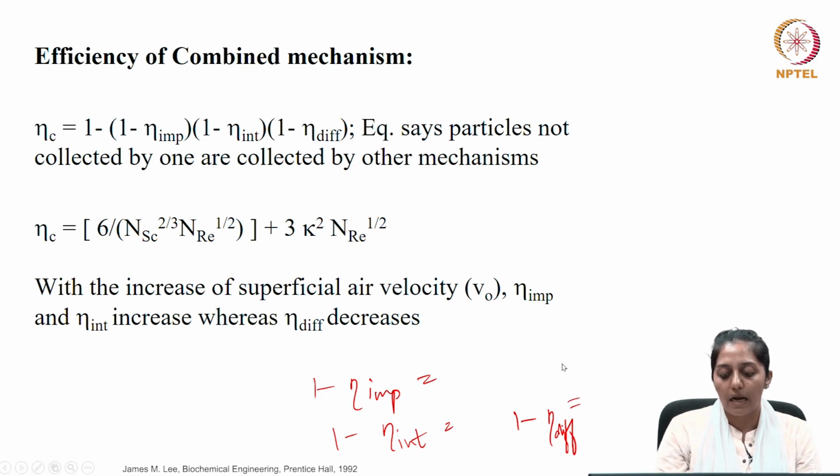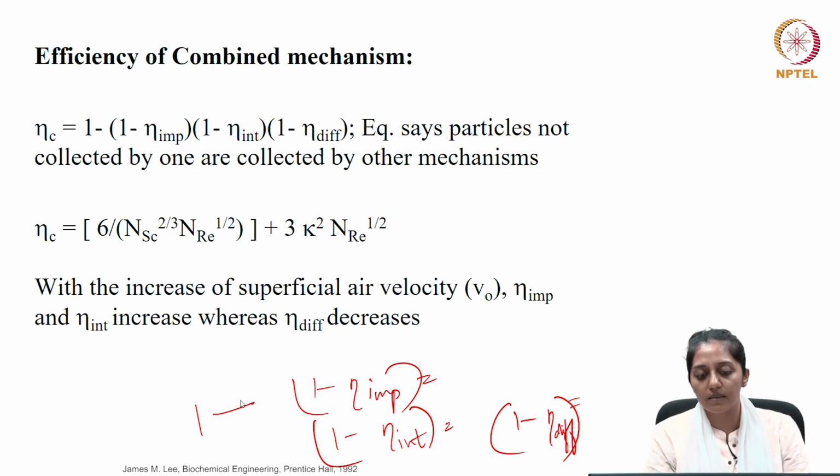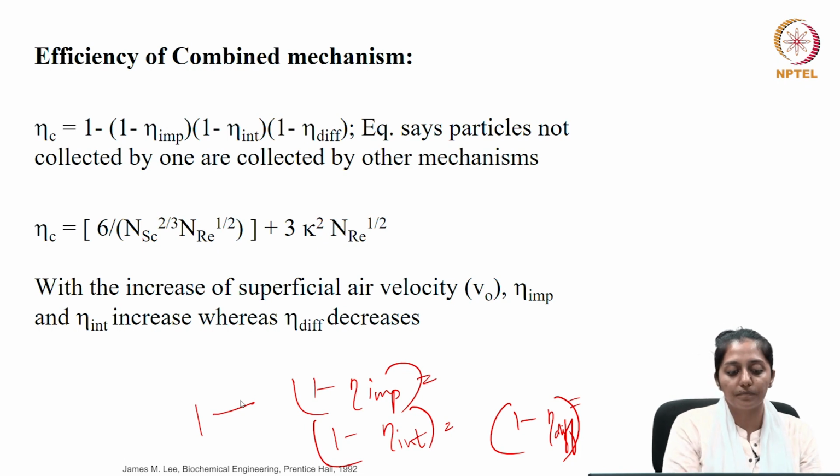The overall probability of not getting collected by any of these processes will be the multiplication of all these probabilities. If we subtract this from 1, then it will be the probability of being able to collect by one or more of these mechanisms.